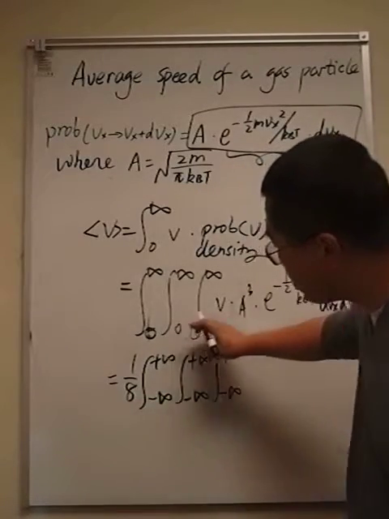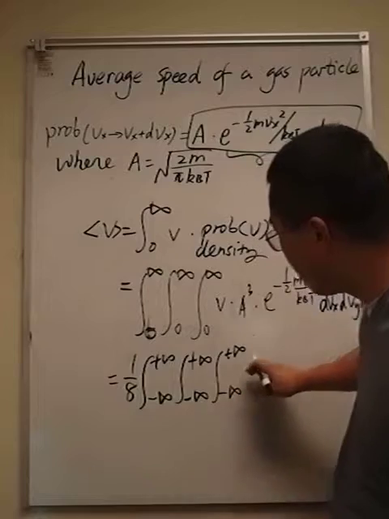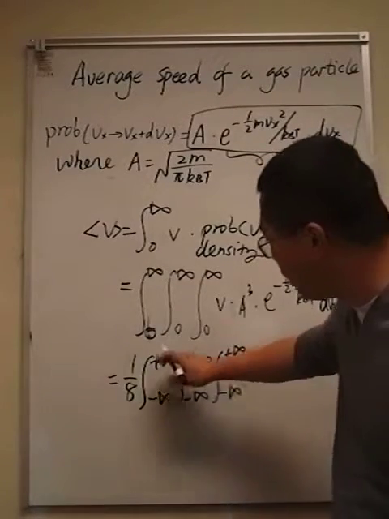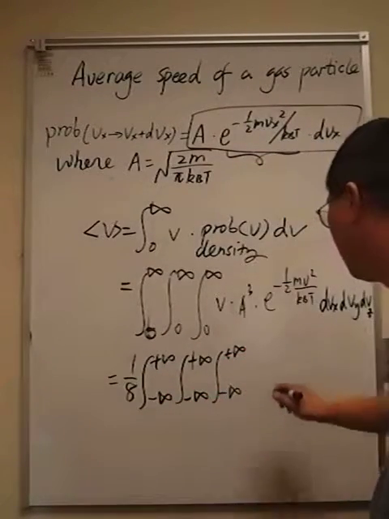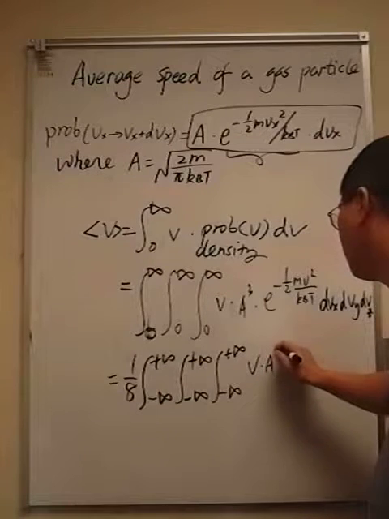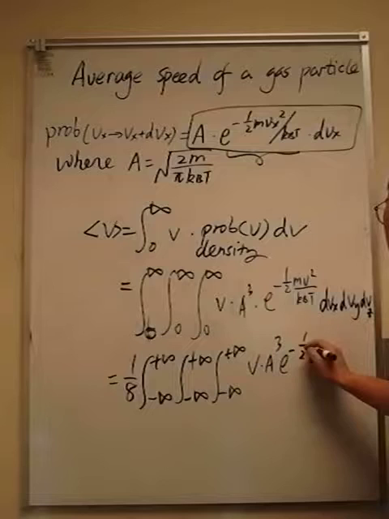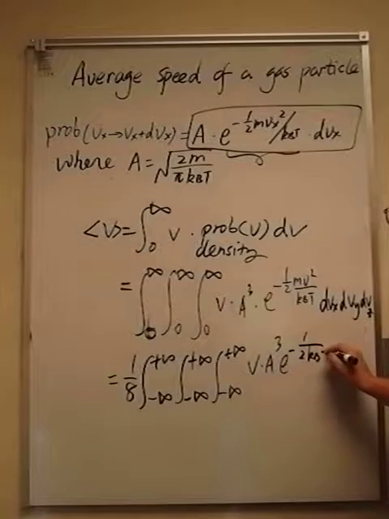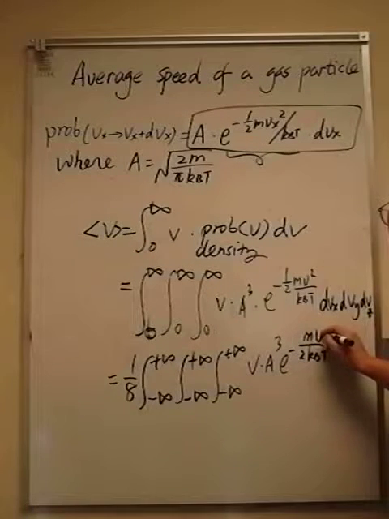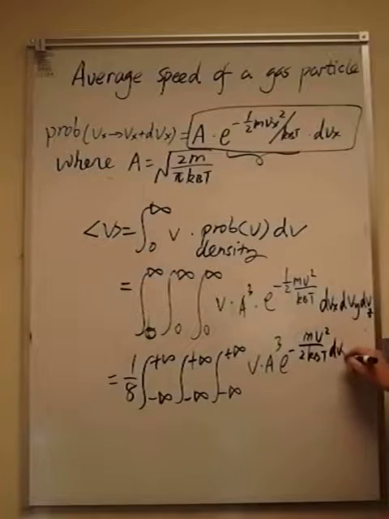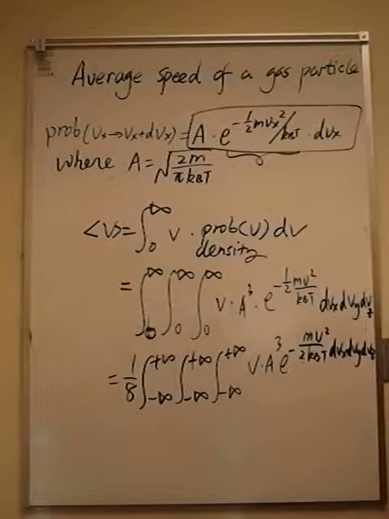So this is the total space in which Vx, Vy, Vz can be positive or negative. So 1/8 of that, and then we do this, dVx, dVy, dVz. All right?